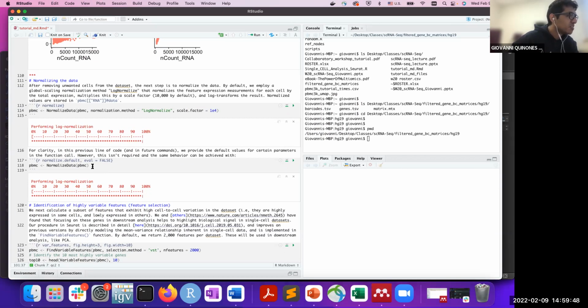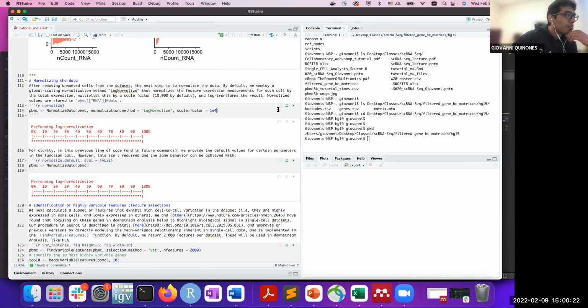So normalization can be done by running one function that is called NormalizeData, and it's very straightforward. In the top cell, we're specifying the method and our scale factor. If you remember, for CPM our scale factor is 1 million. The default for Seurat is 10,000, but we can always change this value to 1 million.